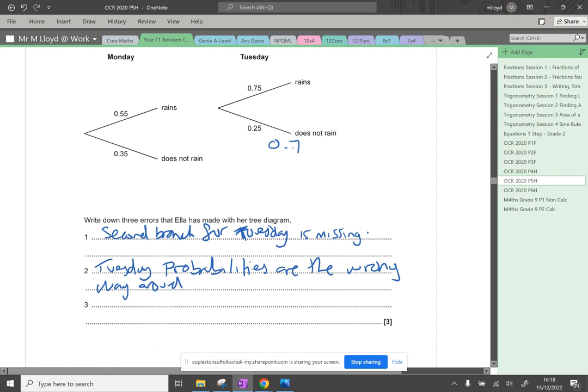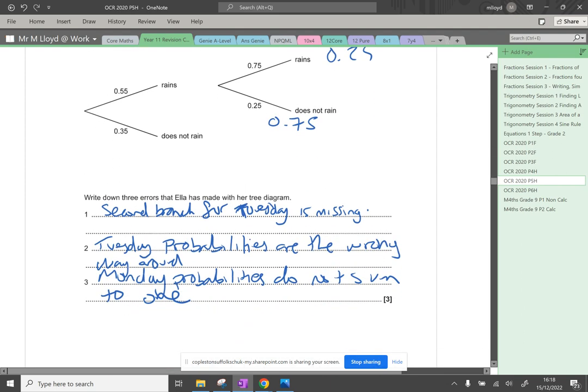So this should be 0.75 and this should be 0.25. And then Monday probabilities do not sum to 1. And then let's work out what it should be. So it should be 0.45 instead of 0.35. There we go.